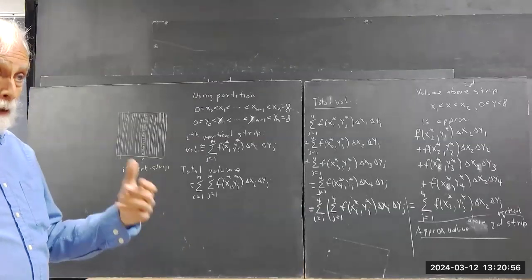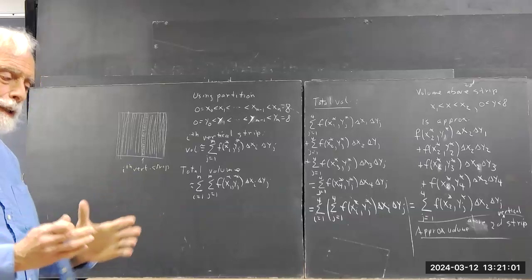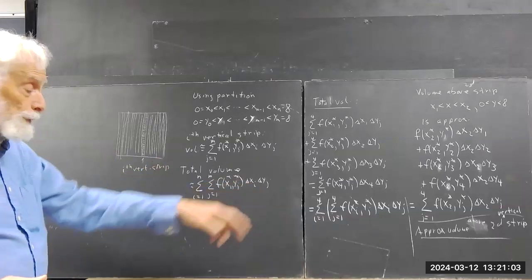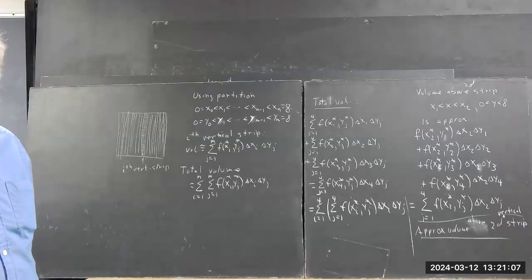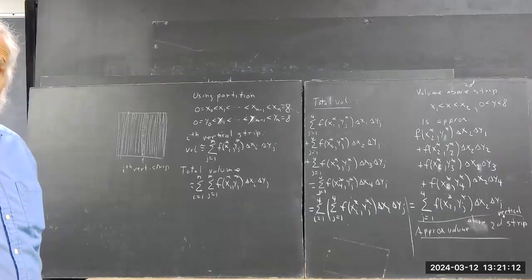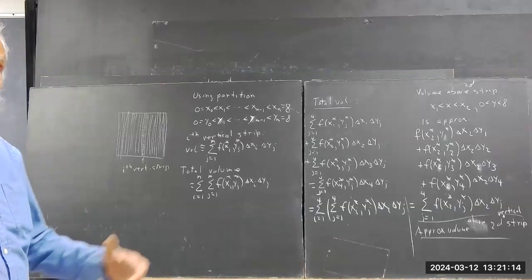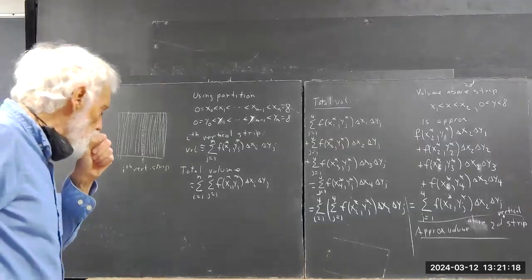That's not a very random sample point, but since you're going to be taking the limit as the delta x's and delta y's approach zero, it's not going to make any difference in the long run. If you're trying to do a good numerical approximation, then you want to be a little more sophisticated in the way you choose your sample.